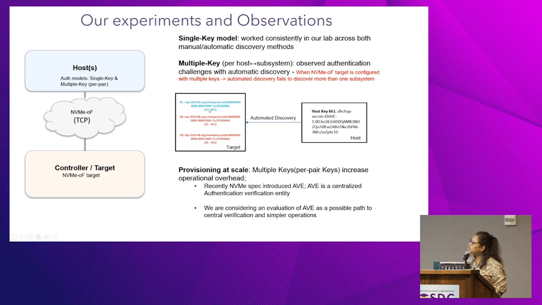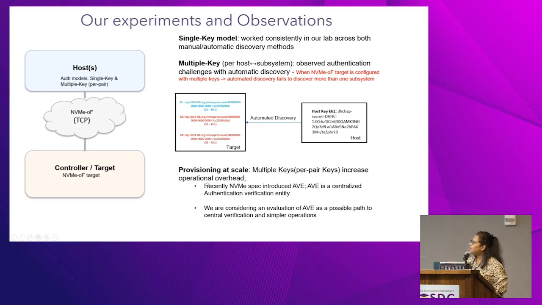It is able to discover only the first subsystem. The rest of the subsystems it's not able to connect to. So basically, the multiple key per entity support is still not completely there. We were talking to the maintainers, and we have passed this request.